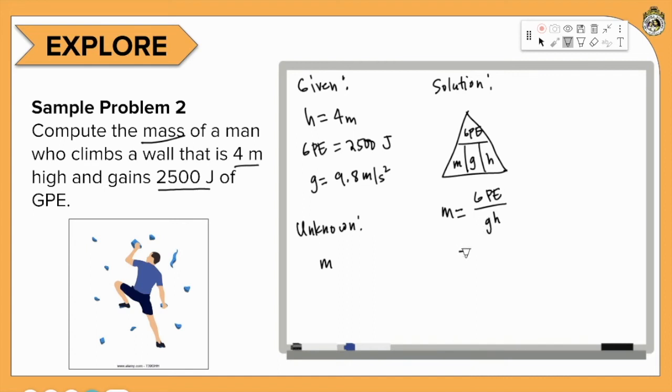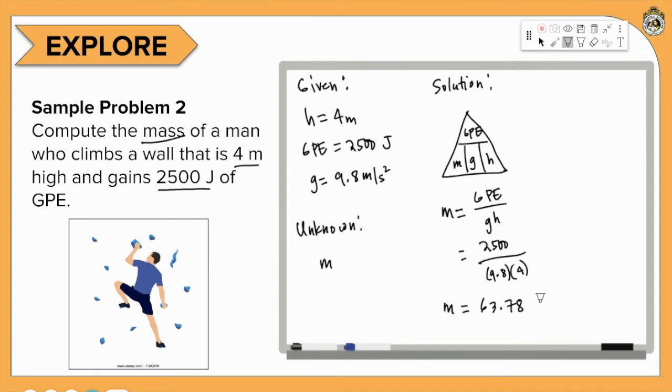And then just substituting the values, GPE is 2,500 divided by G, which is 9.8, multiplied by the height of 4. Again, using your calculator, this will just be 2,500 divided by 9.8, then divide again by 4, and you will get 63.78, rounded off to two decimal places.